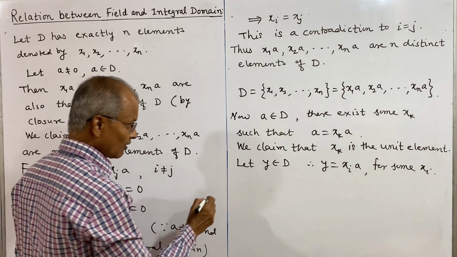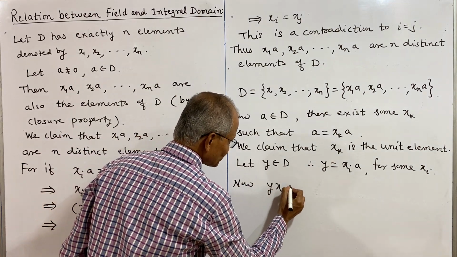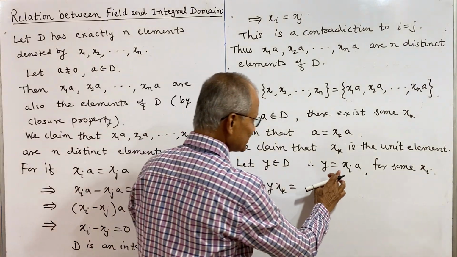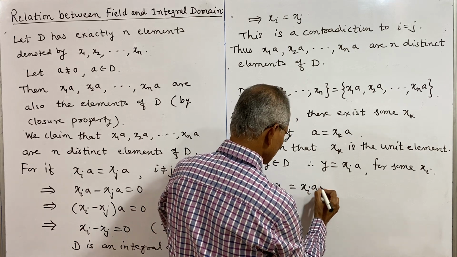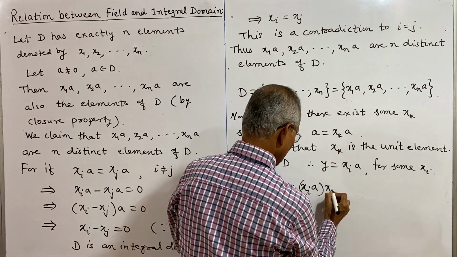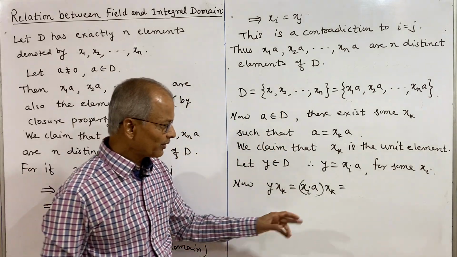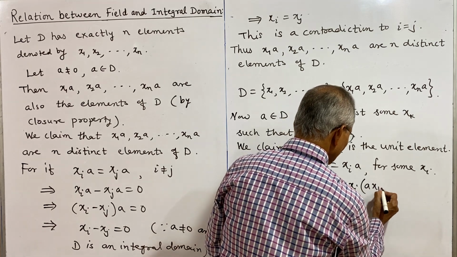And now what is y into xk? We will have, as y is xi into A, and this is xk, because of associative property, we can write this as xi A into xk.